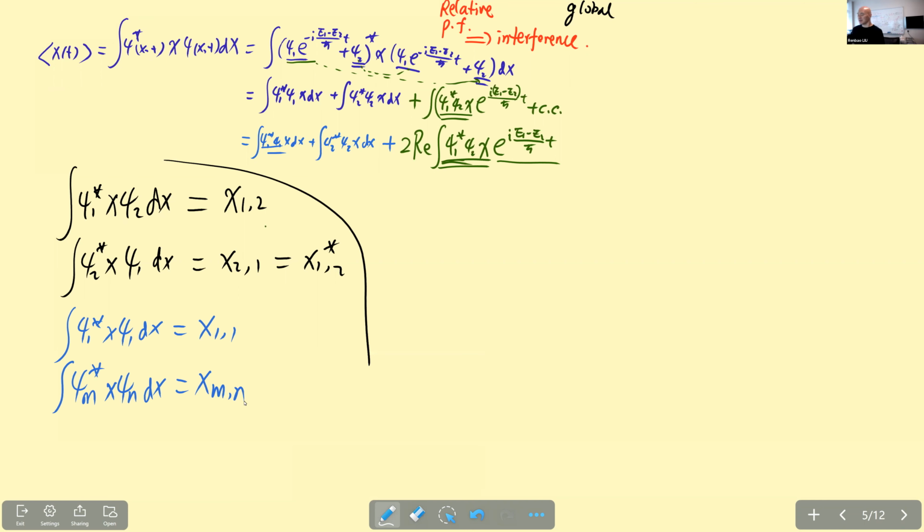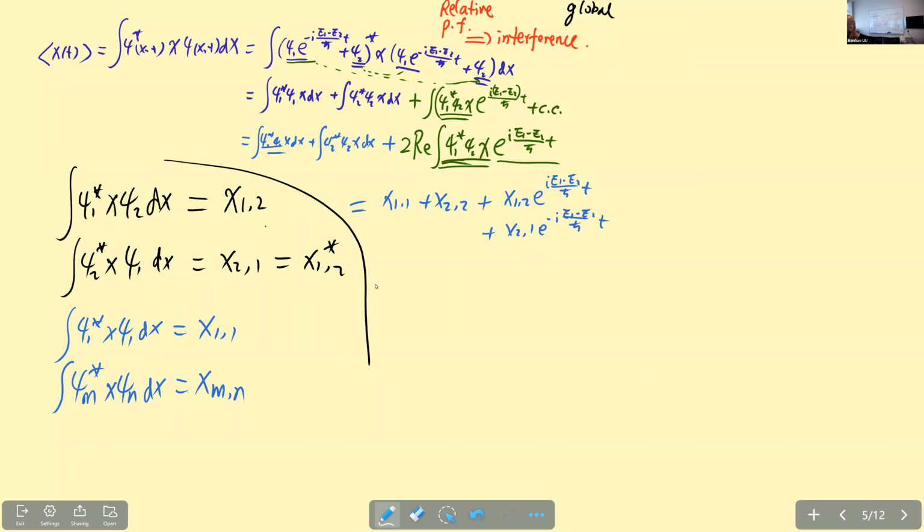Okay, so now this can be written as x11 plus x22 plus x12 e to i (E1 minus E2) over h bar t, and then plus x21 e to minus i (E1 minus E2) over h bar and t, right?